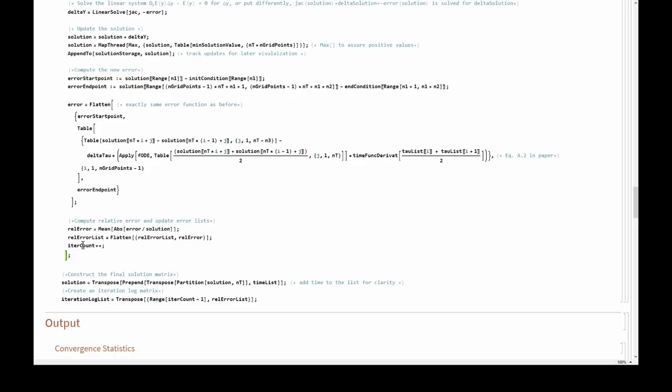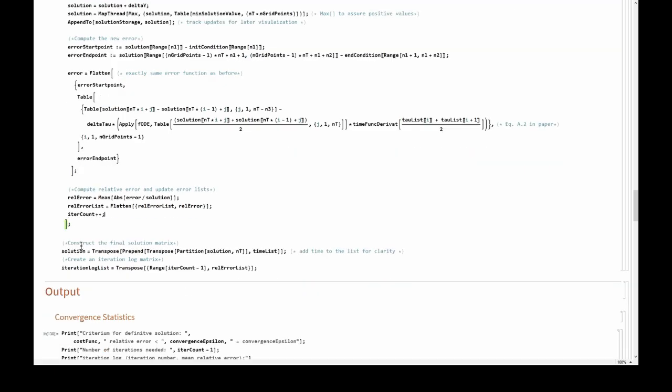And finally, this is just for storage, so we keep track of how fast we converge, and finally we increase the iteration counter by 1, because in the end we might just time out on iterations, and then we would also stop, or we would want to know how many iterations it takes for us to converge. We'll see it later in the output. Okay, and this is the end of the loop.